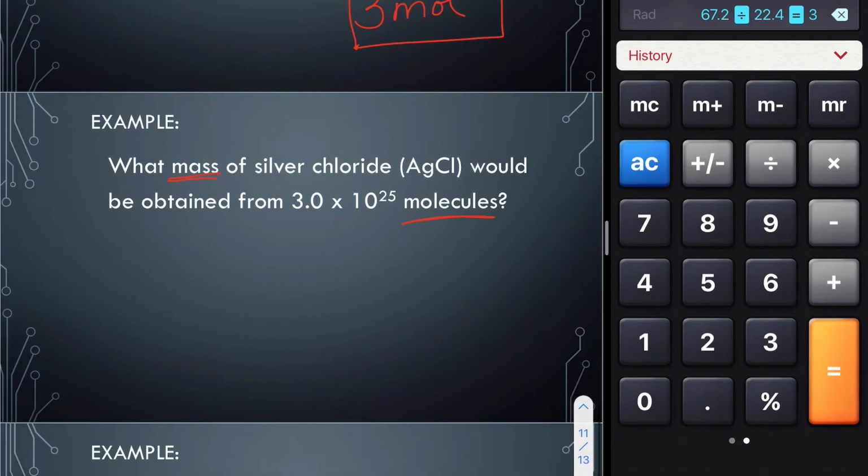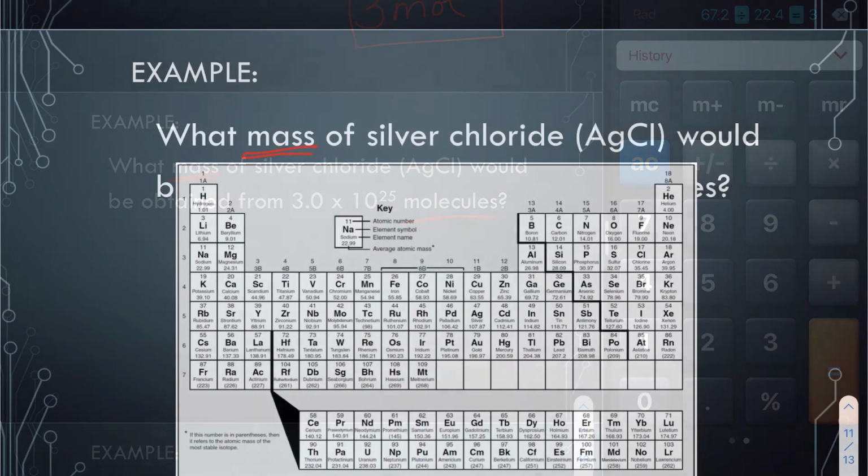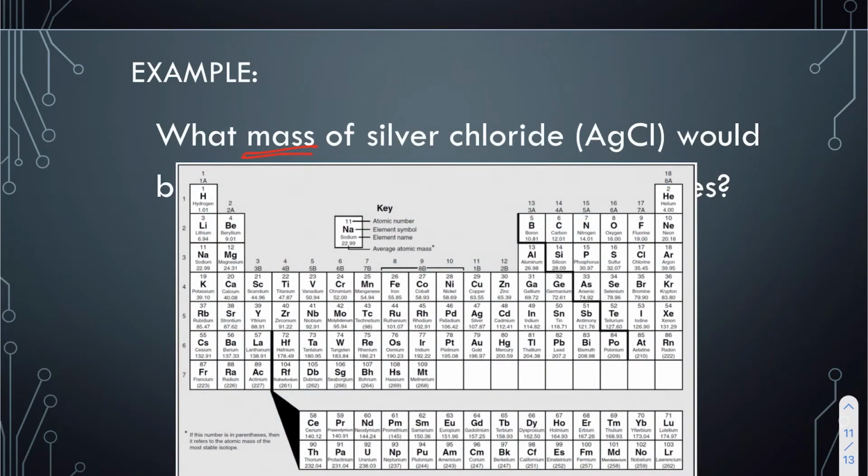Before I can do this, I need to find the molar mass of silver chloride. So I'm going to need a periodic table. I can see here that silver has a molar mass of 107.87 plus chlorine's molar mass of 35.45.